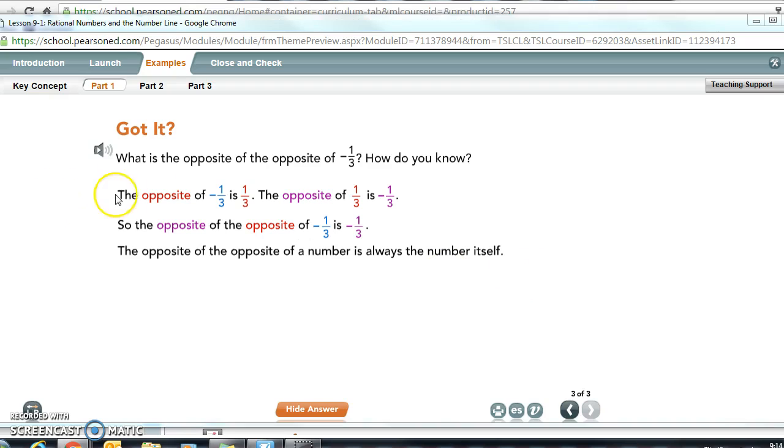And they say the opposite of negative 1/3 is positive 1/3, because we know the opposite of 1/3 is negative 1/3. So the opposite of negative 1/3 is negative 1/3. The opposite of a number is always the number itself.